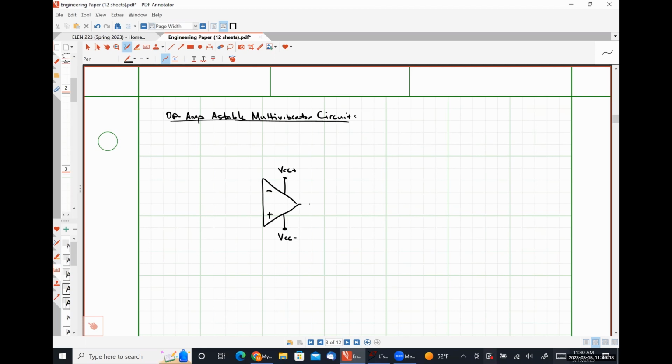So this is a positive feedback circuit. So we're going to have a feedback resistor between the output terminal and the non-inverting input terminal. So let's call this guy R1.